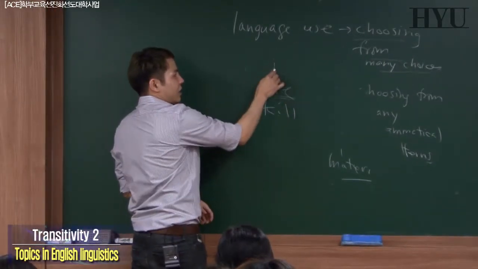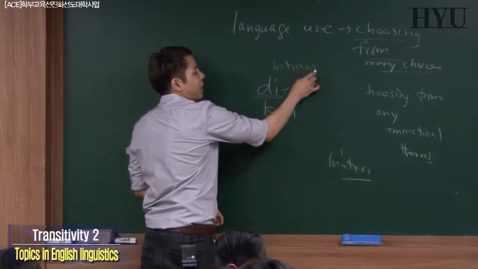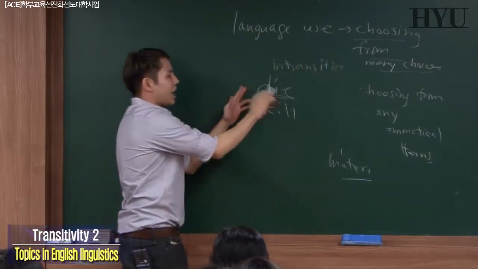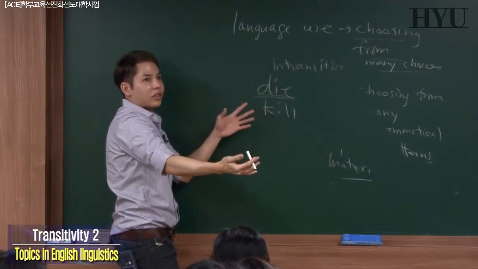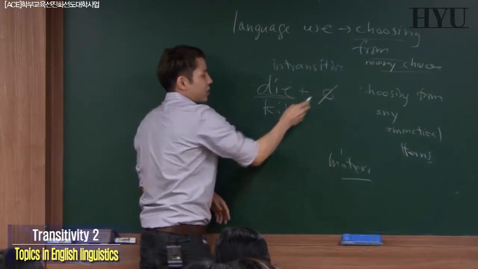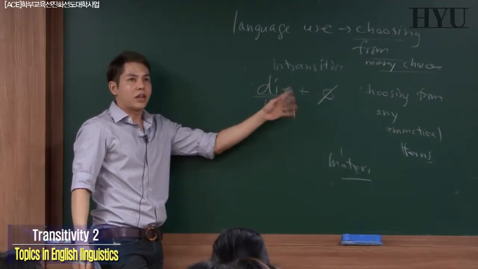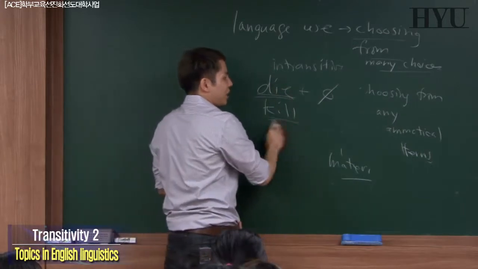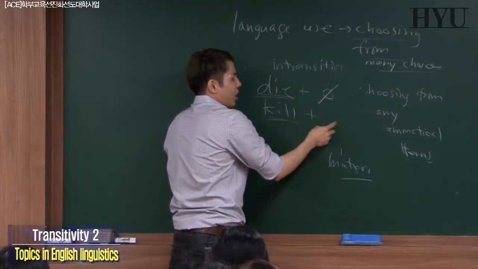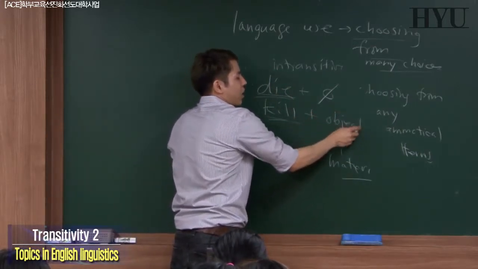But die is intransitive, right? You cannot say he died someone. You cannot do that. So die here has no object. An object is not possible. But kill here must have an object, like to kill someone.